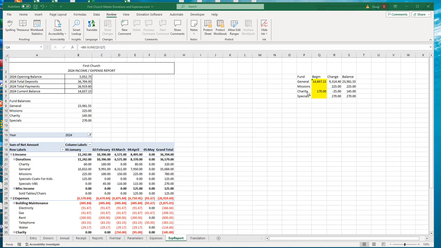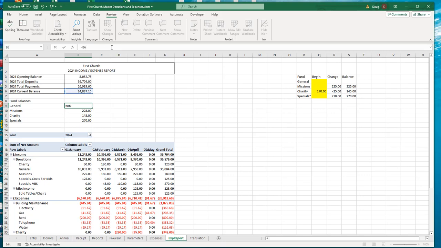Sorry, actually we don't need to do that. Let's change this. We don't even need any of this, quite honestly. What we can do instead is calculate this directly. Again, as long as we trust these balances, we can actually say that our general fund is this amount minus the balances in missions, charity, and specials.